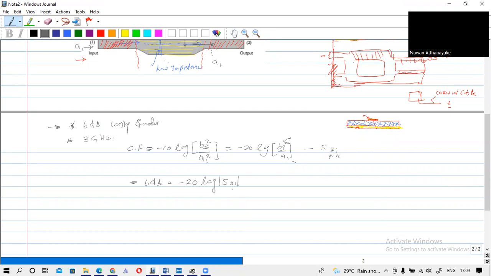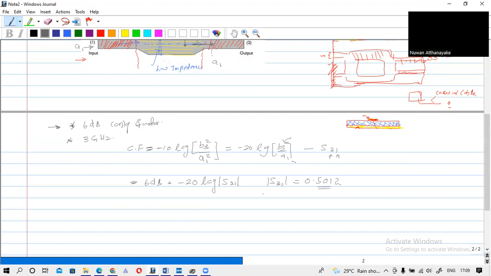Here if I solve this, I will get S31 as 0.5012. Please check. So this is the S parameter.